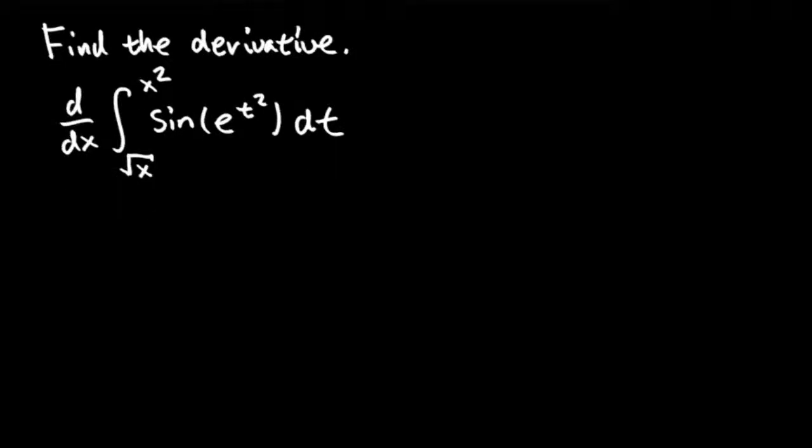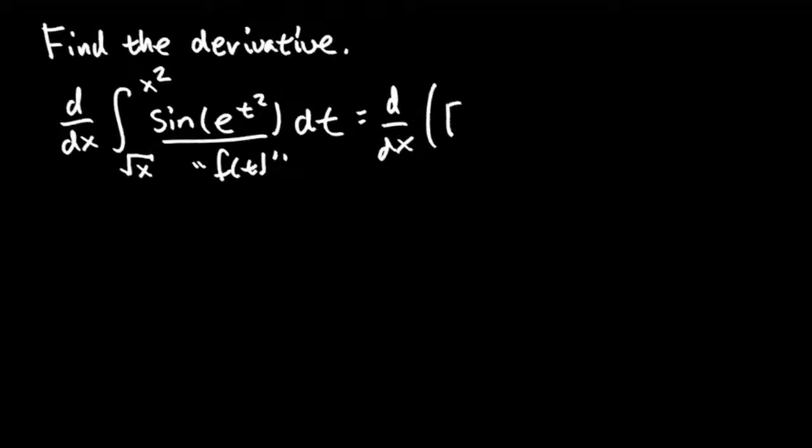Okay, let's find the derivative of this thing then. Essentially this is your f of t value, right? So let's look at big F actually. If we were to do this, then we have big F of x squared minus big F of square root of x.